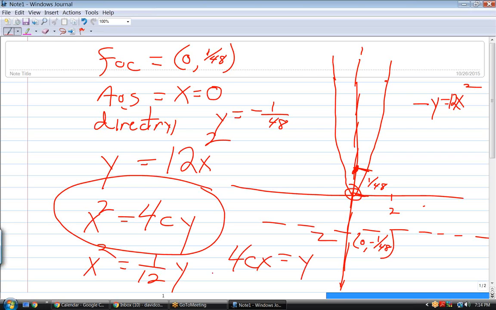In other words, where you have y squared and x to the 1 power. If you have that, then you have a horizontal parabola. And we do everything exactly the same. But the very first step is figuring out whether it's vertical or horizontal.